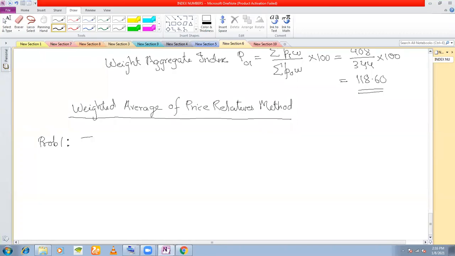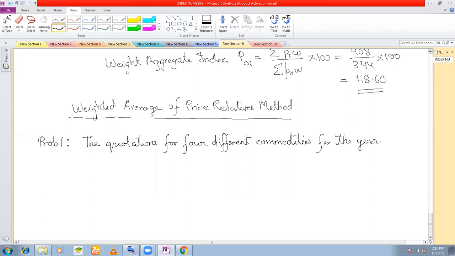The problem here states the quotations for four different commodities for the years 2000 and 2005. 2000 and 2005 are given below.